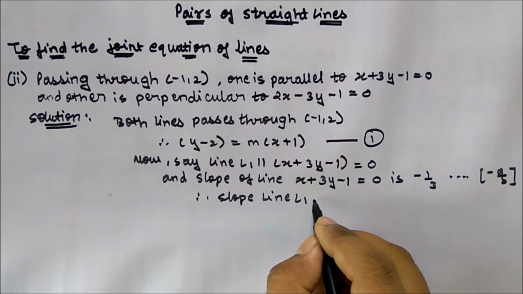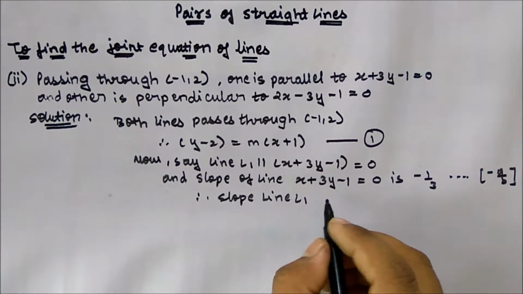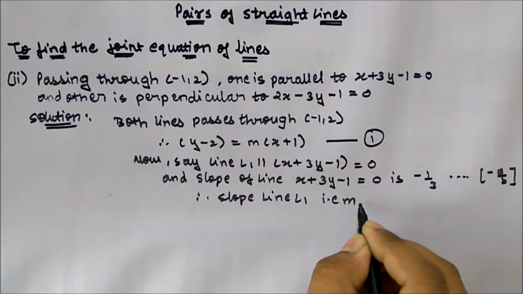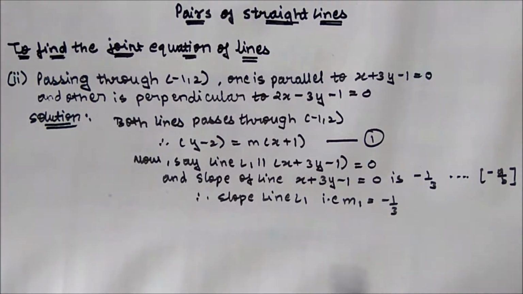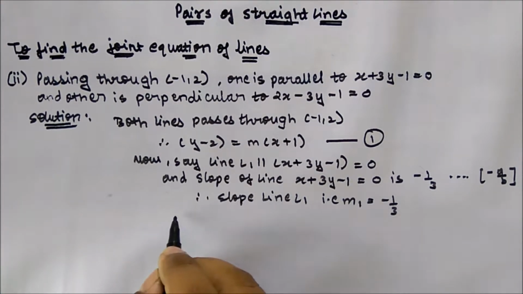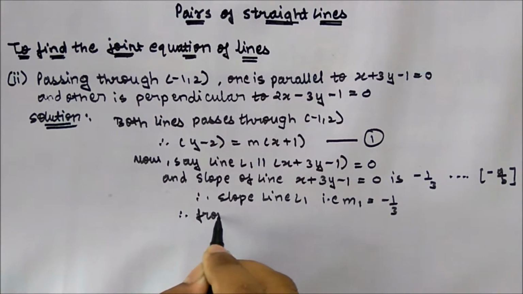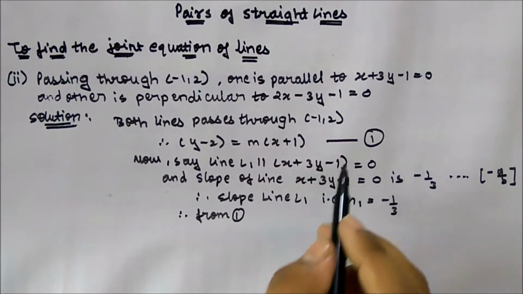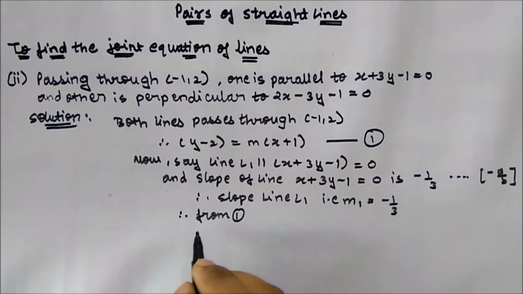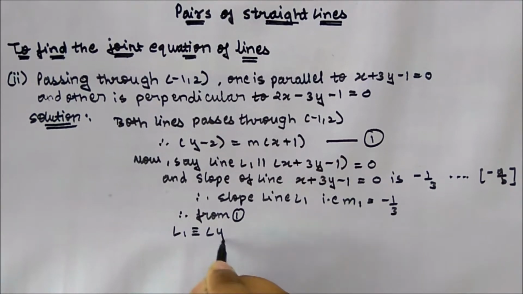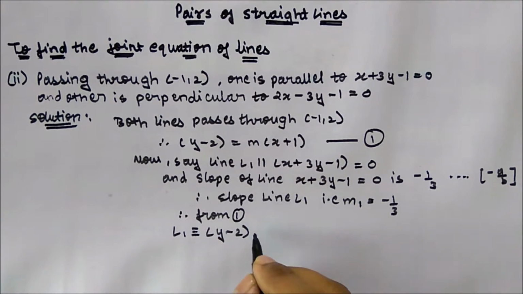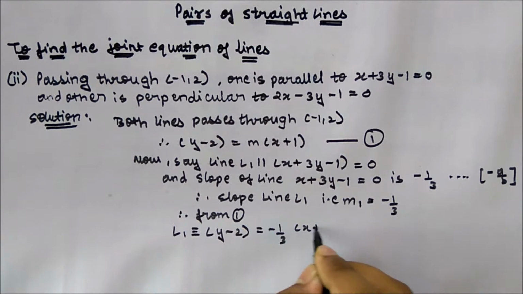So therefore the slope of line L1, that is m1, will be minus 1 by 3. As lines are parallel, slopes will be the same. Therefore from this equation we can substitute this slope, and we get the equation of line L1 as y minus 2 equal to minus 1 by 3 (x plus 1).